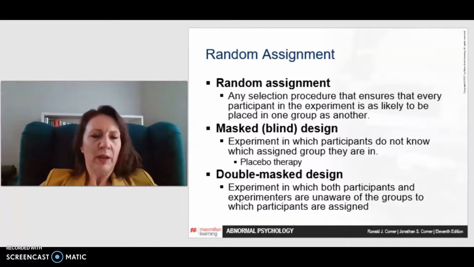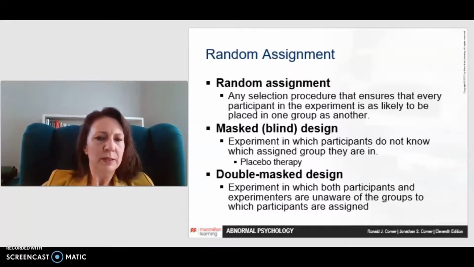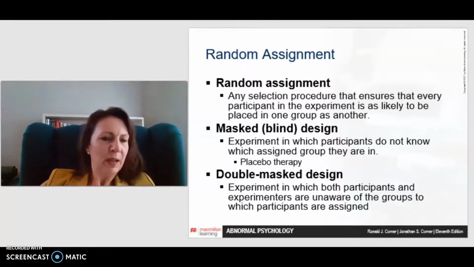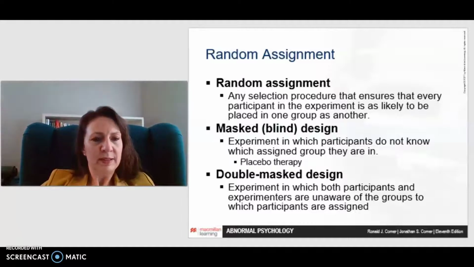We also have things called masked or blind designs, and that's an experiment in which the participants don't know which assigned group they're in. They don't know if they're getting the treatment or if they're in the control group. An example of that is the placebo therapy that is given to many research participants in drug studies.